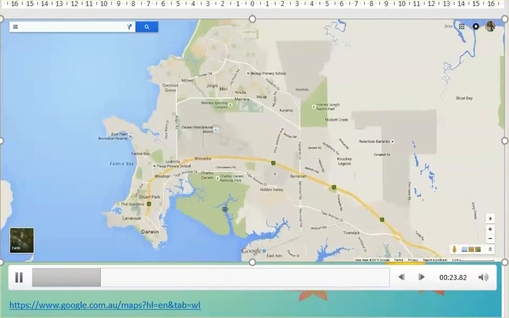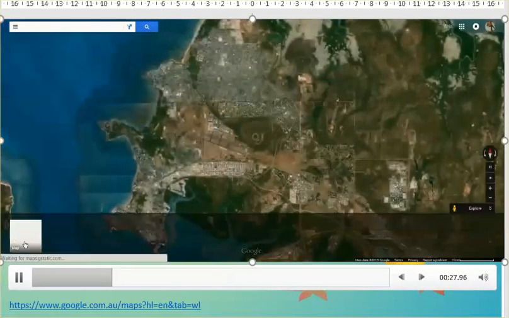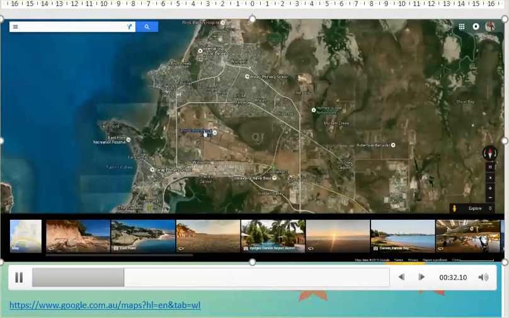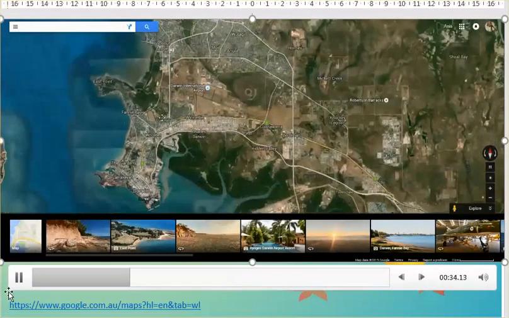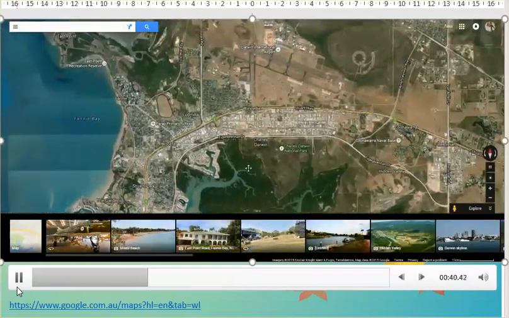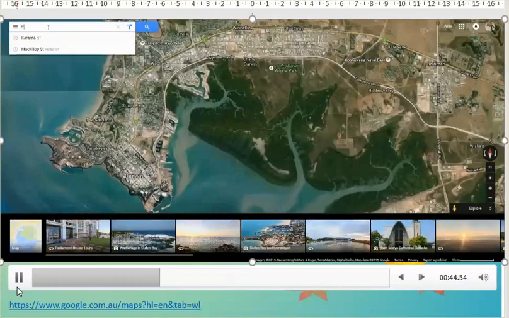So this is what I was doing here. We're looking first for Darwin, and then from Darwin, this is Darwin. So kids grow other skills or capabilities, like working with ICT skills or tools. They also learn how to read the map.